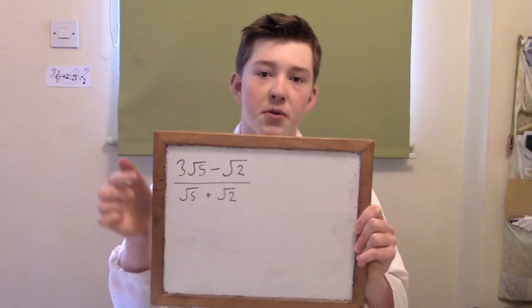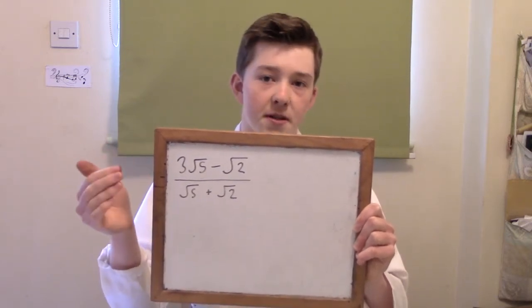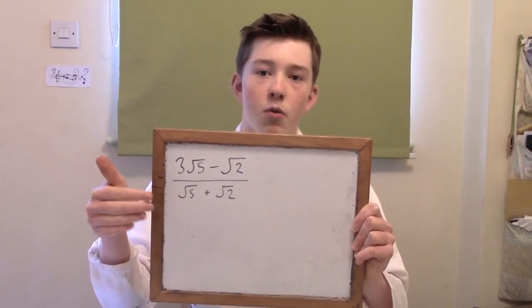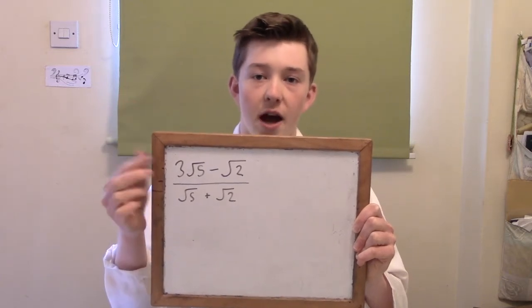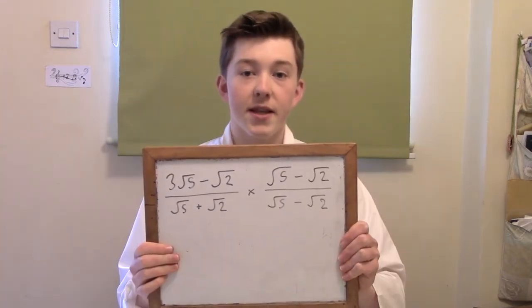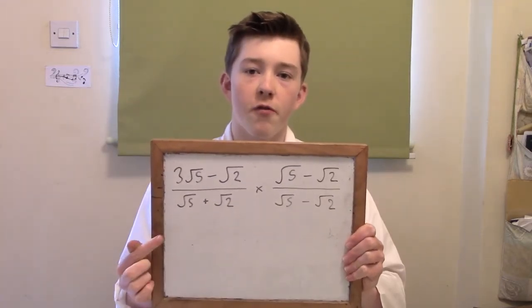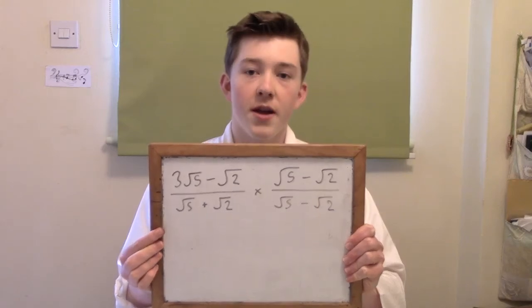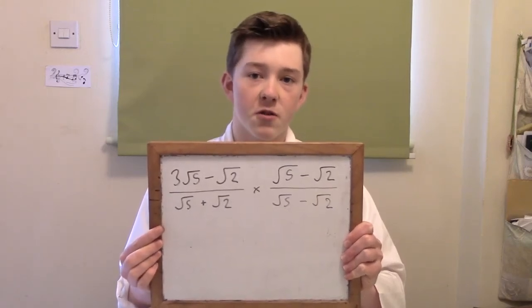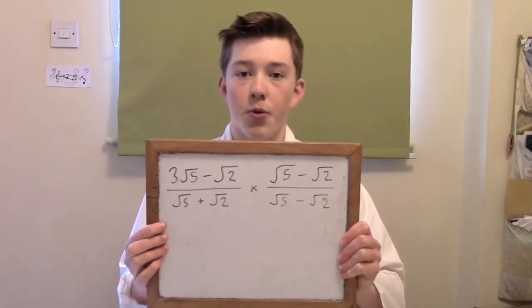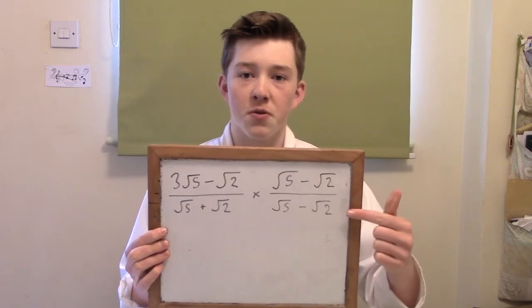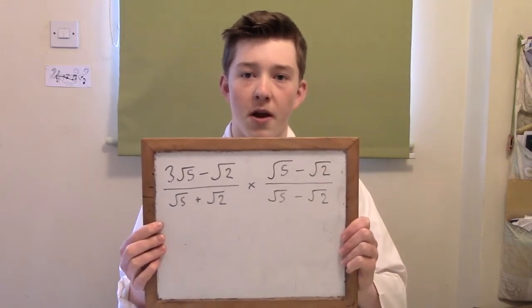Essentially the same, but the sign is the opposite. So if it's a plus here, it will be a minus in the fraction, and vice versa. So in this case, the conjugate of root 5 plus root 2 is root 5 minus root 2. So that's what we put on both the top and the bottom of the fraction we're multiplying it by.